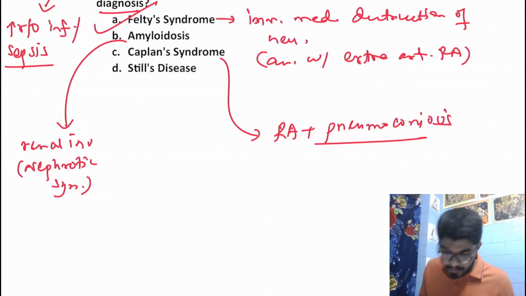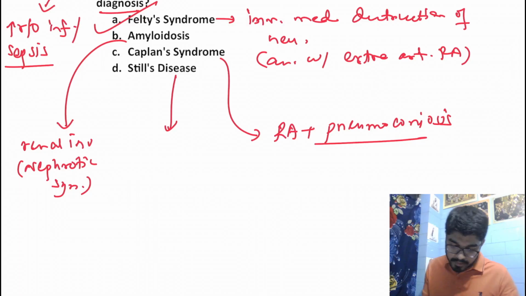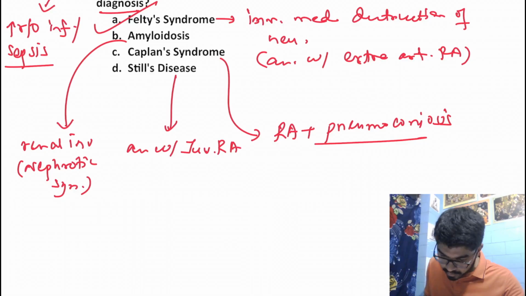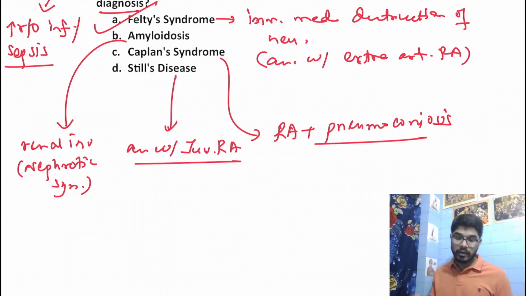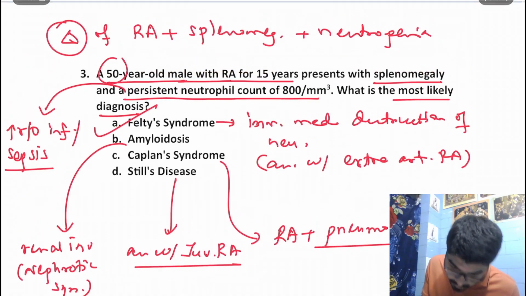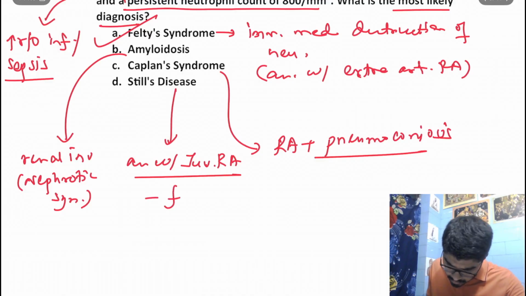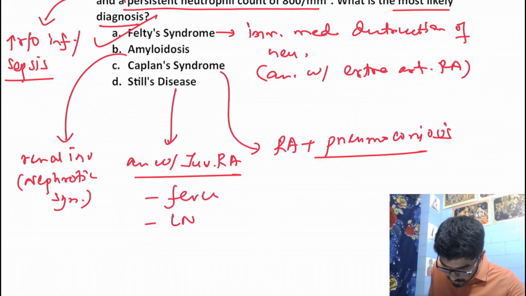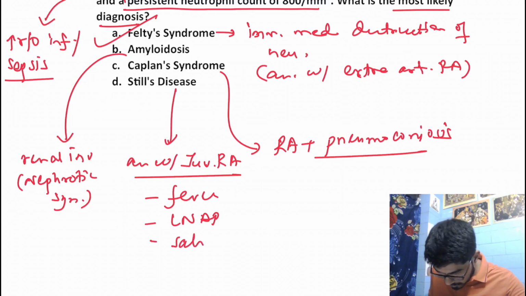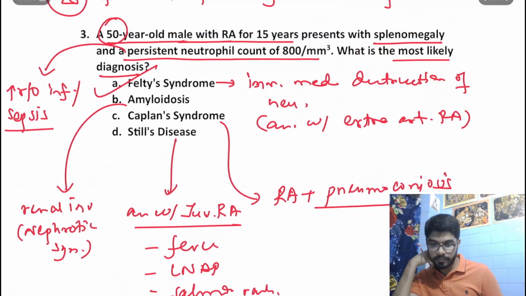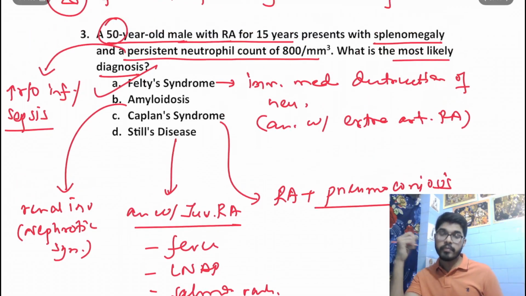And Still's disease is associated with the juvenile variety, and over here the age of the patient is 50, so it cannot be Still's disease. Still's disease is also associated with fever, lymphadenopathy, and a salmon rash in a juvenile RA patient. So our answer over here would be Felty syndrome.